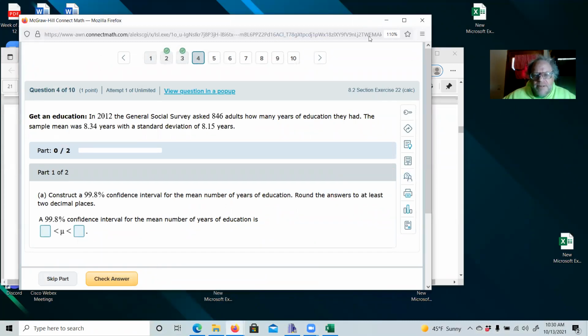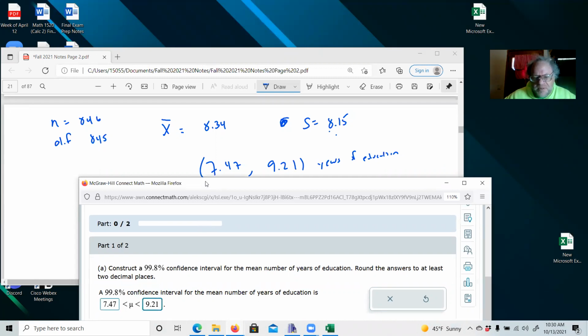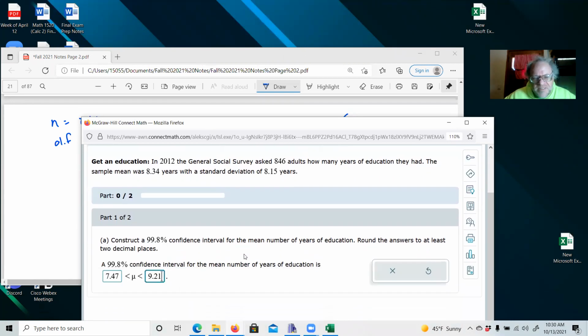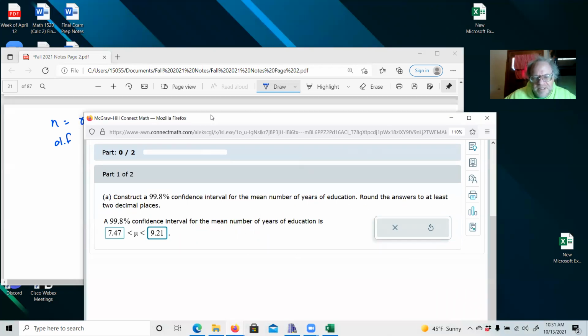So what do we have? We have 7.47 to 9.21. That's the average number of years of education. I keep trying to make sure that I didn't miss something ridiculous, like how many years of education past primary school or something. But no, that's the answers we got. That's the scenario we have.